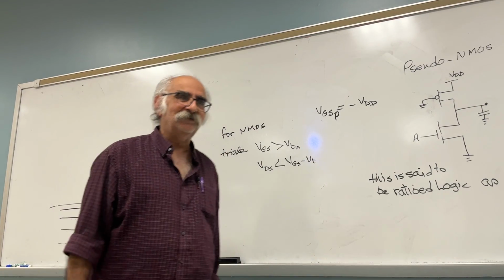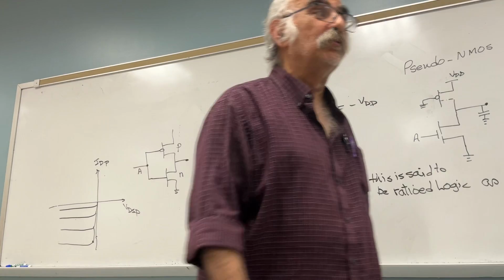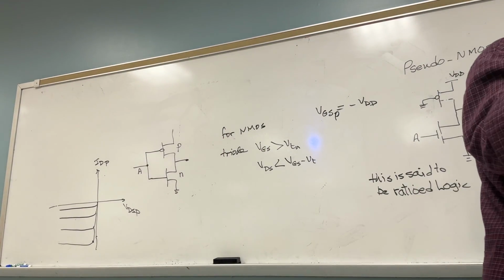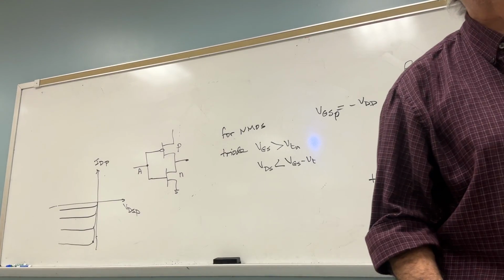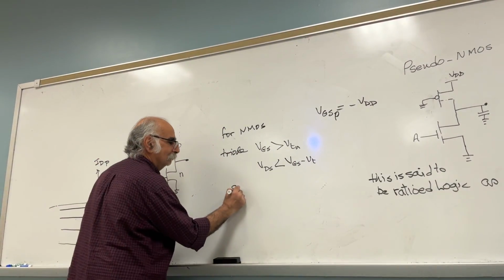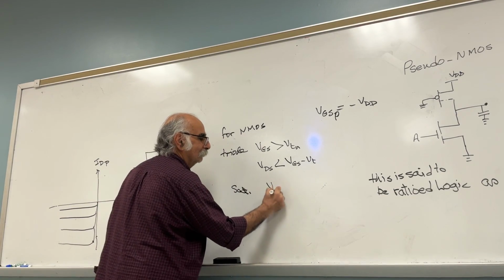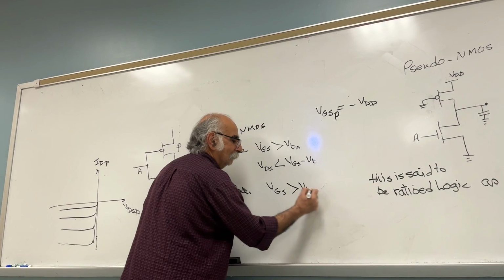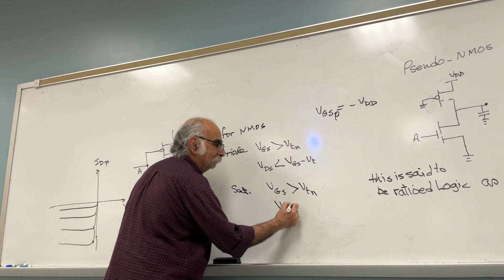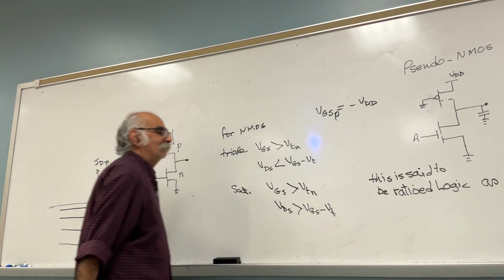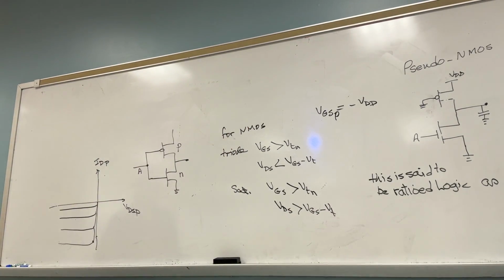Did you get it or not? Which means the channel, the N channel, is not pinched. Clear? Okay. For saturation, VDS is greater than what? Clear? That's for the NMOS.